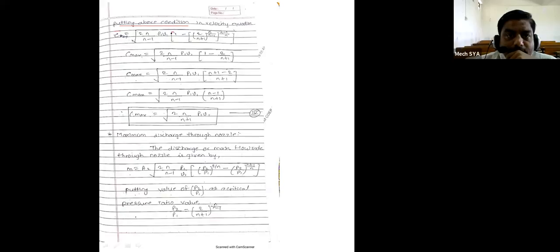So C max is equal to the square root of 2n upon n minus 1 P1 V1 into 1 minus (2 upon n plus 1) raised to n upon n minus 1 times n minus 1 upon n. This and this get cancelled, so it becomes 1 minus 2 upon n plus 1, raised to 1.